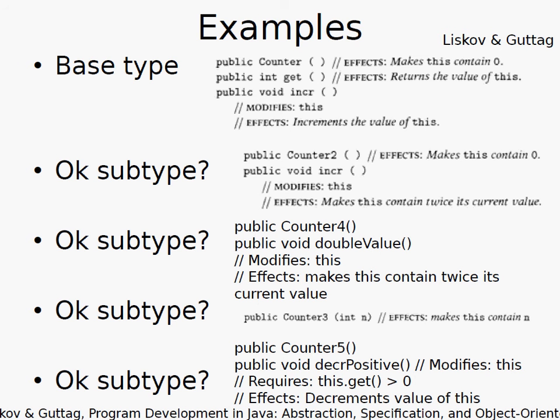Okay, here's our base type, counter. It has a constructor that makes it 0, and it has a get operator and an increment operator. And increment says it increments the value of this. Now there's a bit of an ambiguity there. Increment. What do you think this means? If I say increment it, what do you think it means?